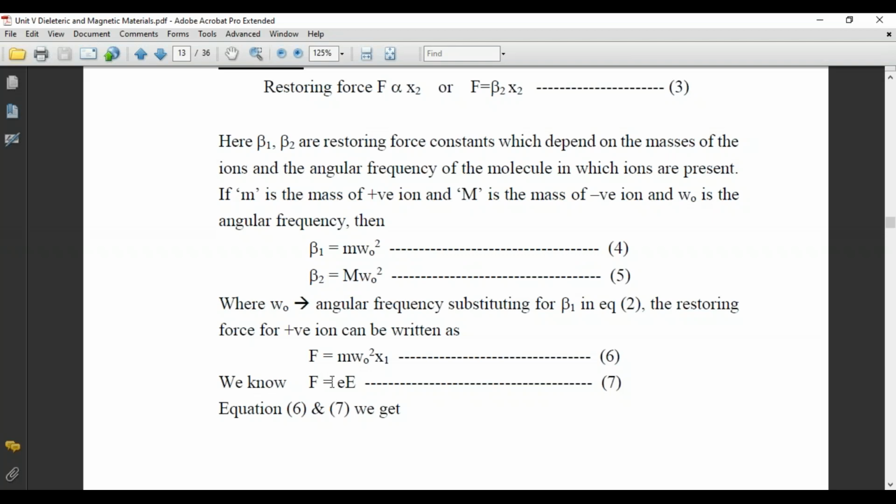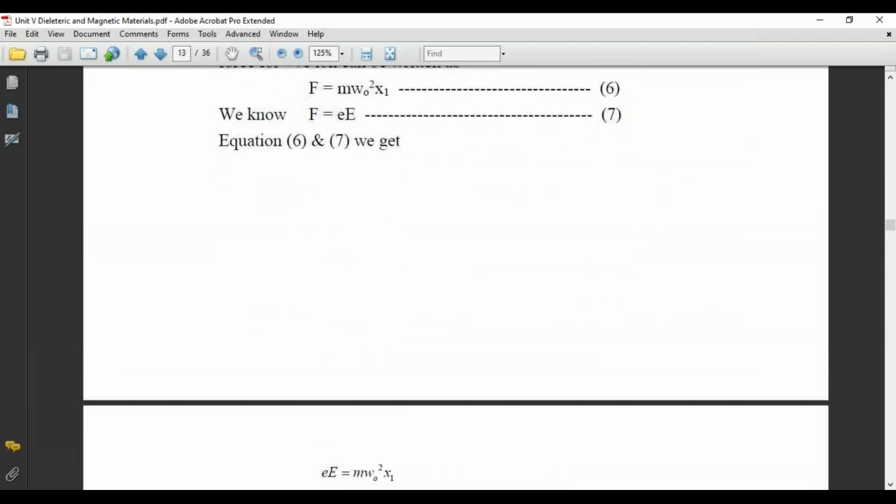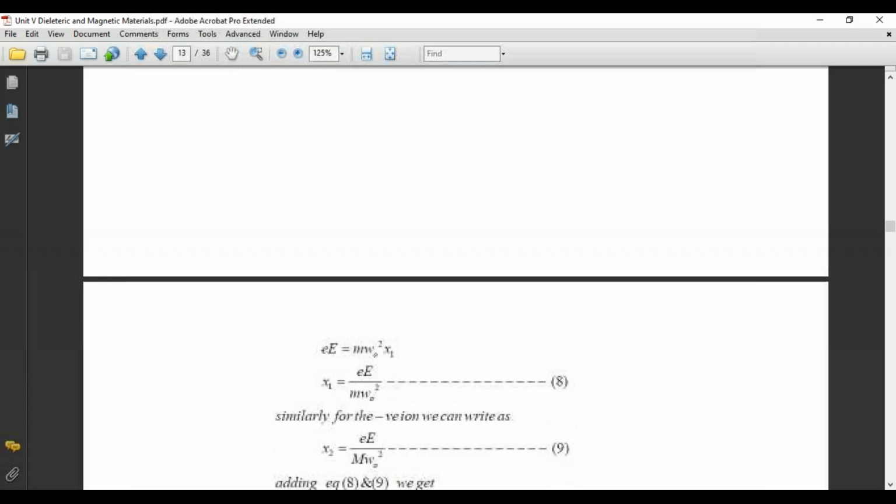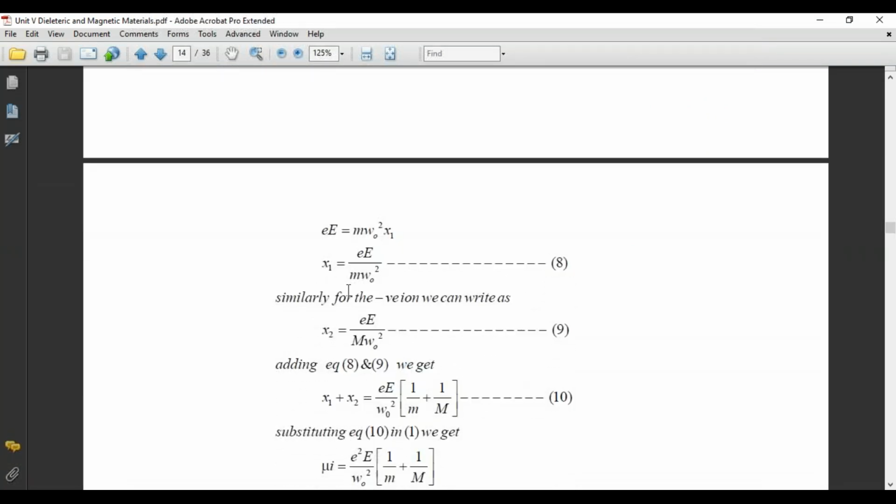We know that force equals eE. That is equation 6 and equation 7. Equations 6 and 7 are equal, because the restoring force is always equal to the applied force. Then we get x1 equals eE by m omega naught square. That is equation 8. Similarly, for the negative ion, x2 equals eE by M omega naught square.